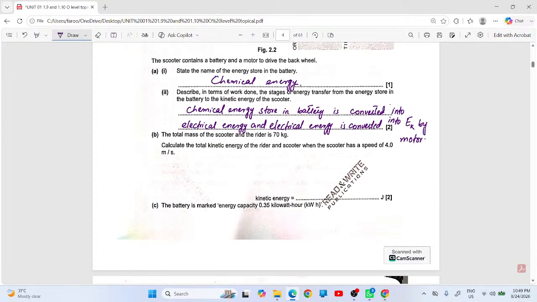Next is the total mass of the scooter and the rider is 70. The total kinetic energy of the rider and the scooter when the speed is 4. Kinetic energy equals half mv square. So the kinetic energy equals half, mass is 70, speed is 4 square.